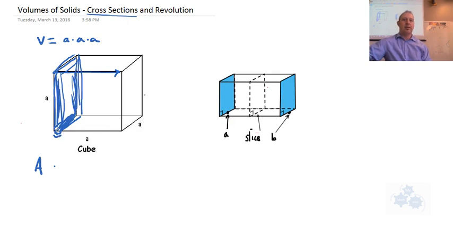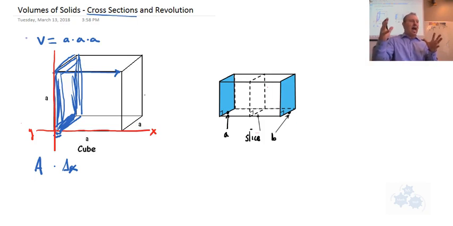And if we let this be the x-axis and this was the y-axis, then this would be the area times some little differential in x there. If we added up a whole bunch of these, and if this little differential in x became 0, then we would have an infinite number of these things we would be adding up.